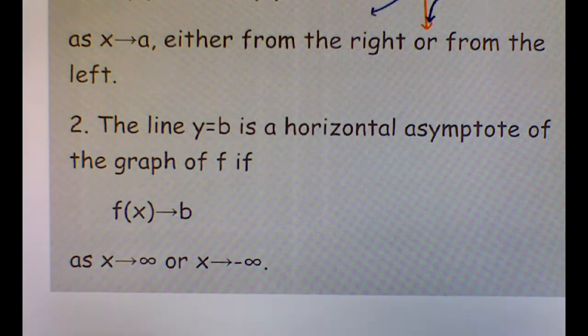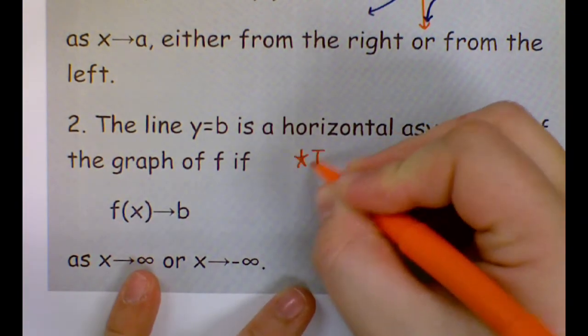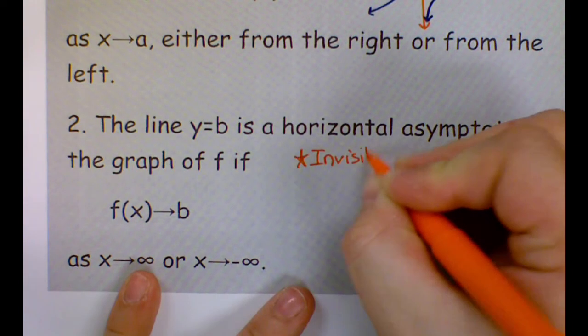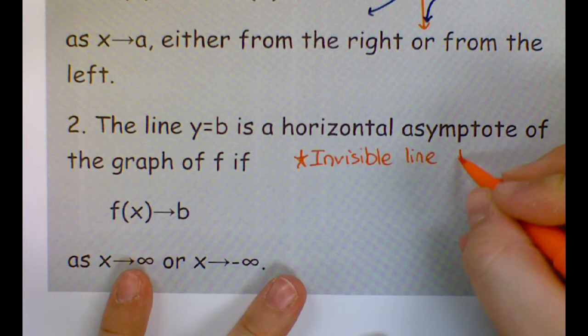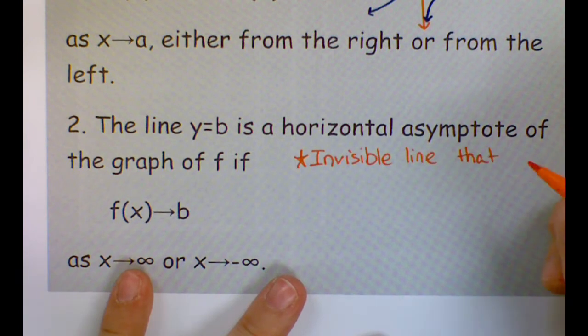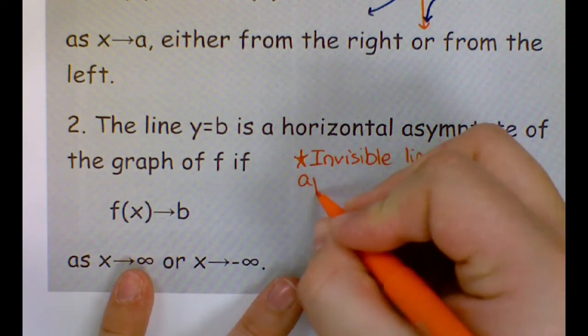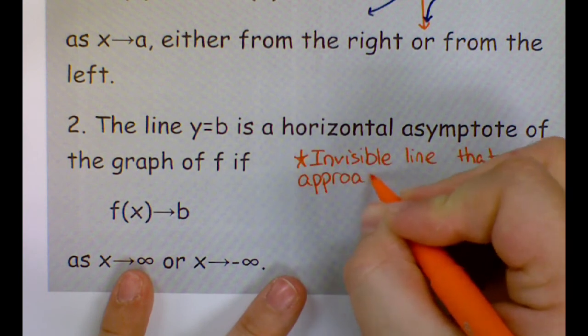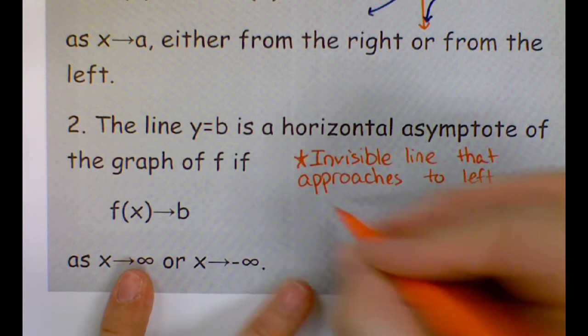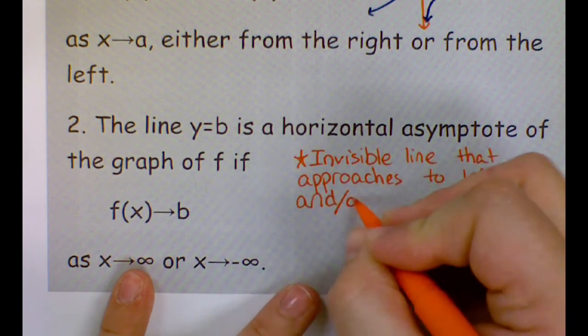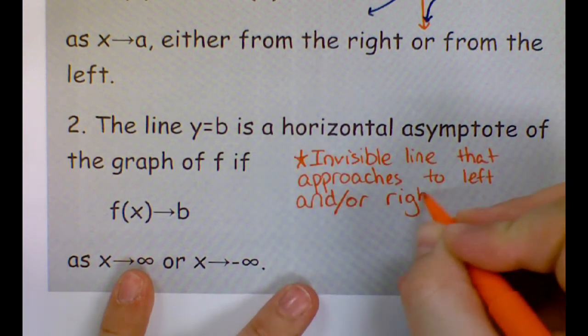The line y equals b is a horizontal asymptote of the graph if f of x approaches b as x approaches infinity or negative infinity. So this is also an invisible line that the graph approaches to the left and or right.